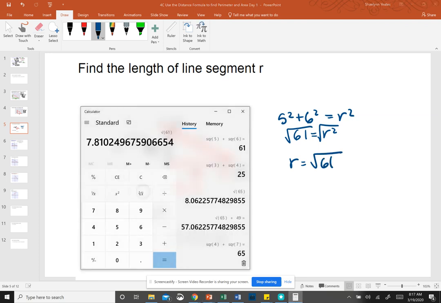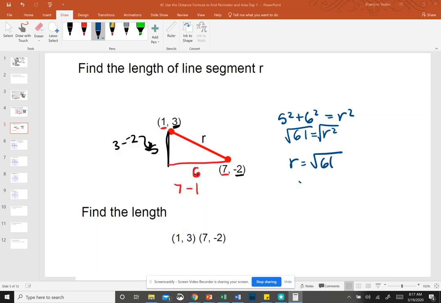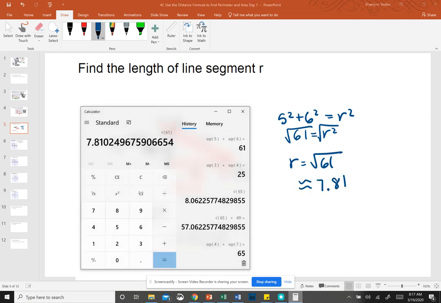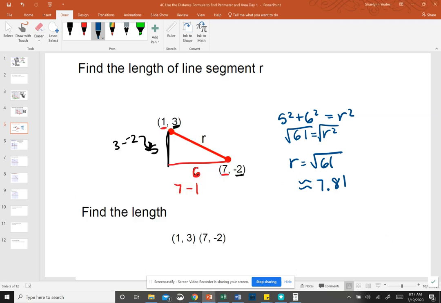If I take the square root of 61, I find it to be approximately 7.810, if you want to write it out to 3 decimal places. Again, this is rounded. This is exact.